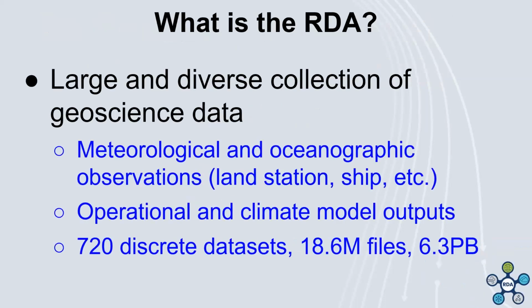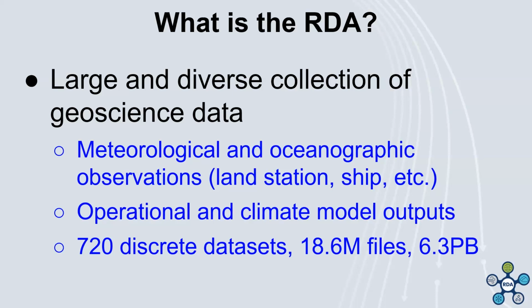All right. Just a little bit generally about what the RDA is and what our metadata collection and storage strategy is, and then lead into the recuration effort. So just quickly, we're a large and diverse collection of geoscience data aimed at weather and climate research, lots of meteorological and oceanographic observations.